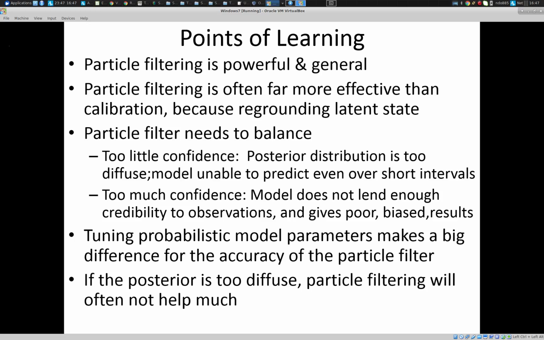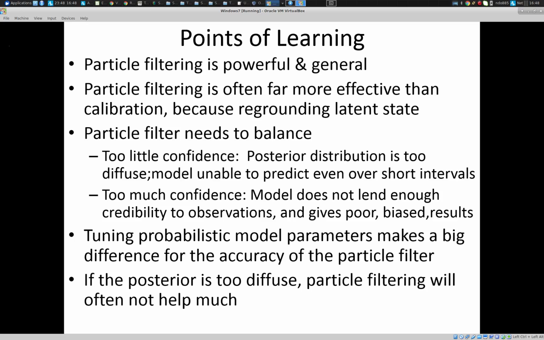Particle filtering needs to balance having too little confidence, and this is a matter of its parameters, too little confidence about its expectations. After an observation, it gets more and more uncertain. I don't know what's going on. I don't know where I am. It needs to balance that tendency with the tendency of having too much confidence. I know exactly where I am, and then when a new data point comes in, not giving it enough credence. This tends to give poor, biased results.